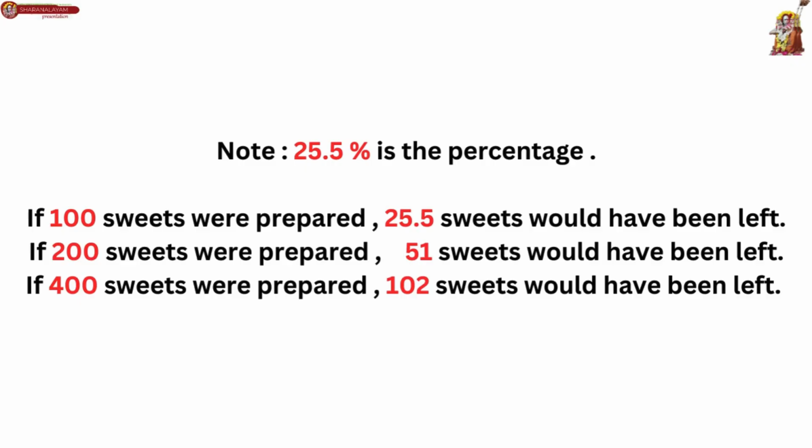If 200 sweets were prepared, double, that is 25.5 into 2, 51 sweets would have been left. If 400 sweets were prepared, again 102 sweets would have been left. So 25.5% is the percentage. Let's go to the next question.